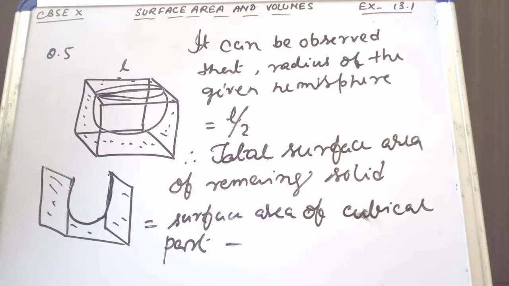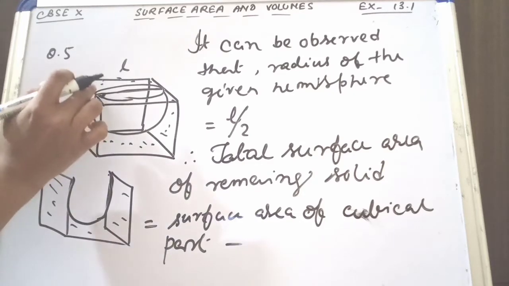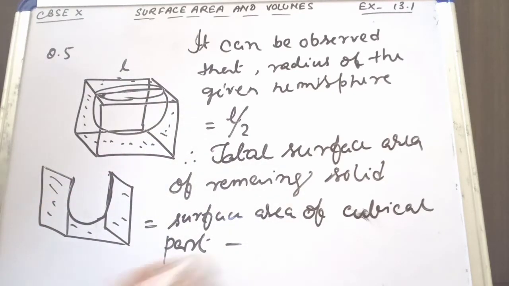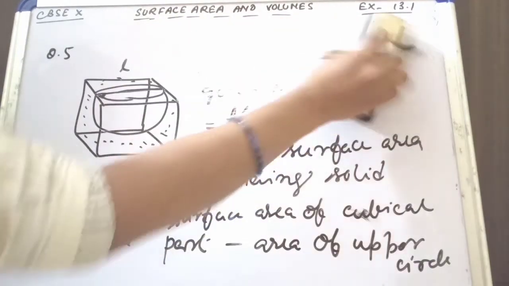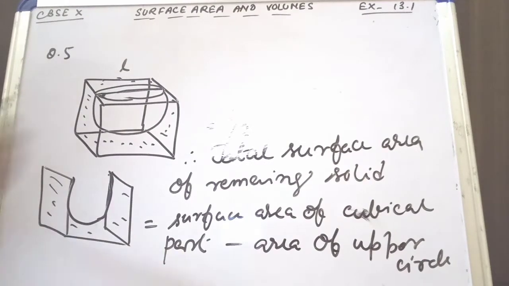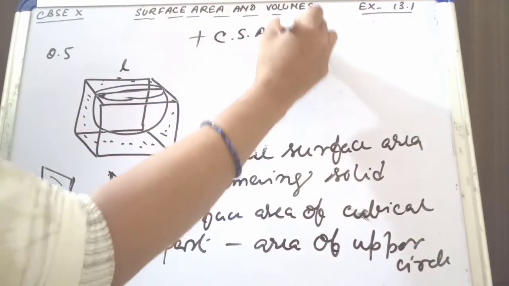the area of this upper circle, because this portion is removed, plus the curved surface area of this hemisphere.